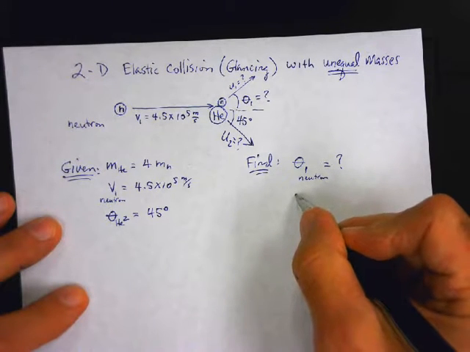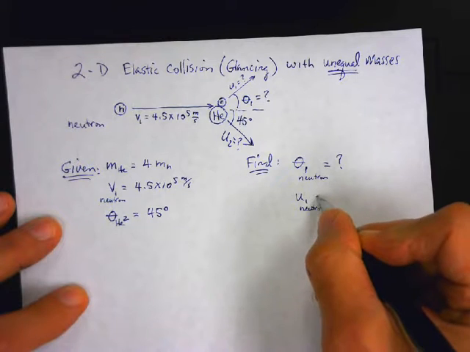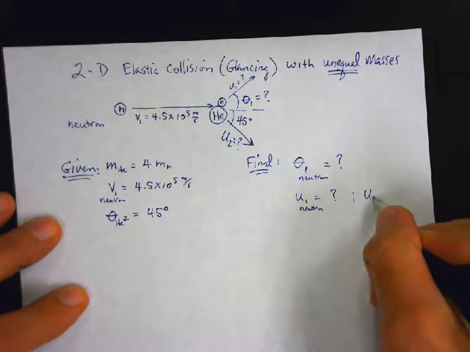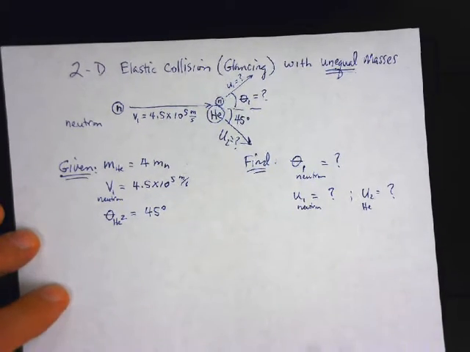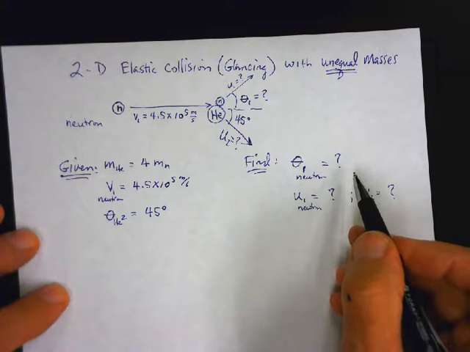And we also want to find the velocity of the neutron. We'll call that u1 after the collision. And we also want to find u2. That'd be the velocity of the helium nucleus. So given these things, let's try to find these.